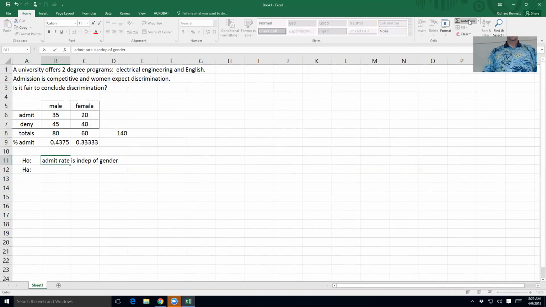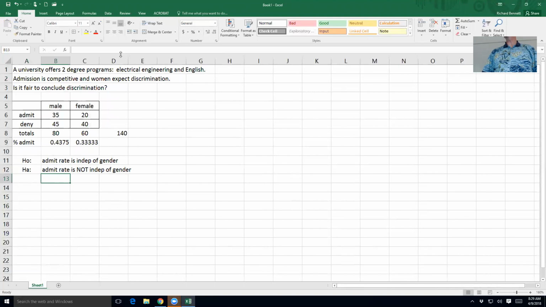Okay? And your alternative hypothesis would be, now you would like to say dependent, right? But you know, we're statisticians, we can't say dependent. We're going to say not independent. Because we don't want to say it's dependent.